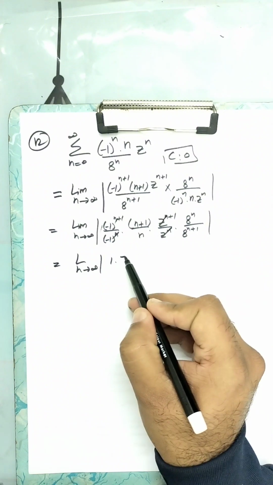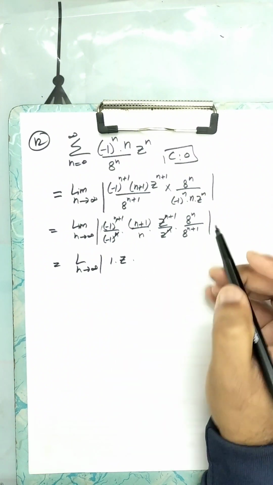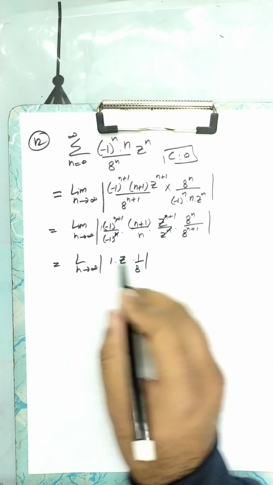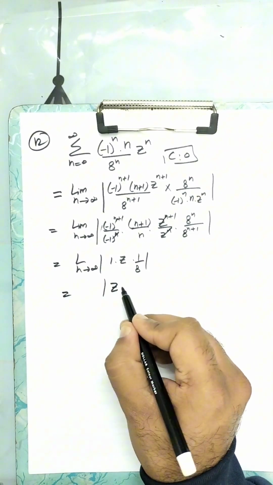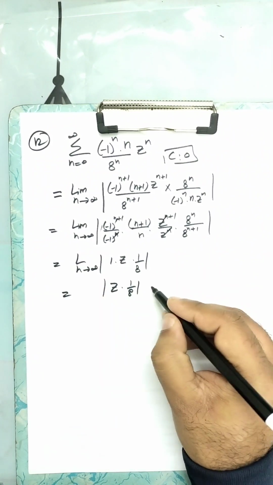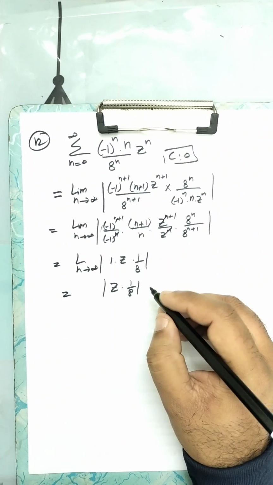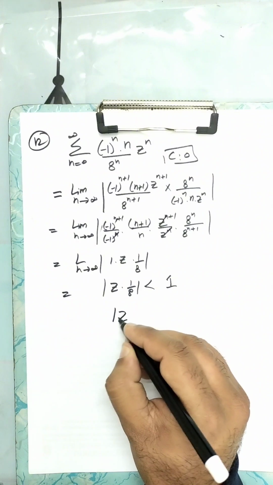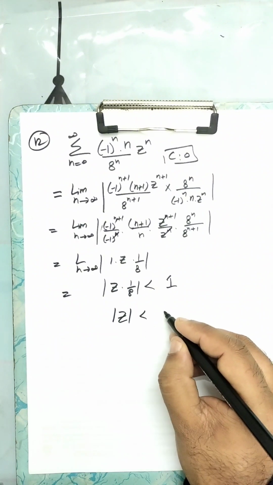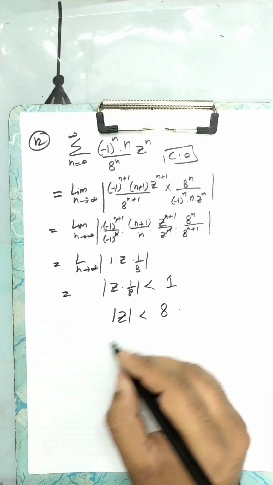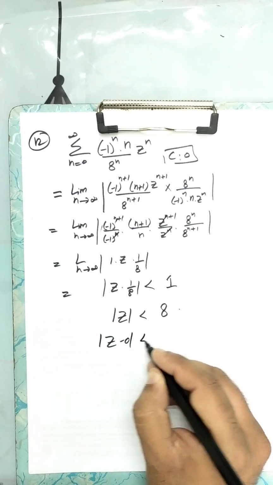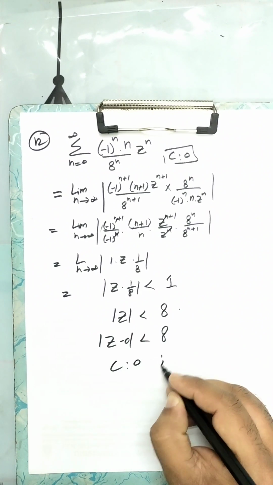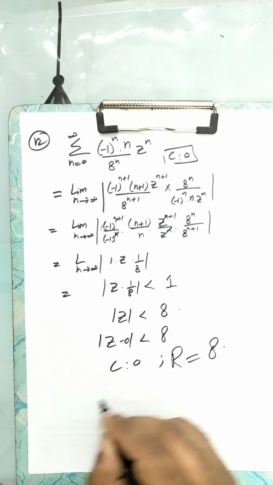Here z and z cancel, leaving only z, and here 1 over 8. So this becomes |z| times 1 over 8. The Cauchy ratio test converges if the limit is less than 1, so mod of z is less than 8. So here |z minus 0| is less than 8, so the center is 0 and the radius is 8.